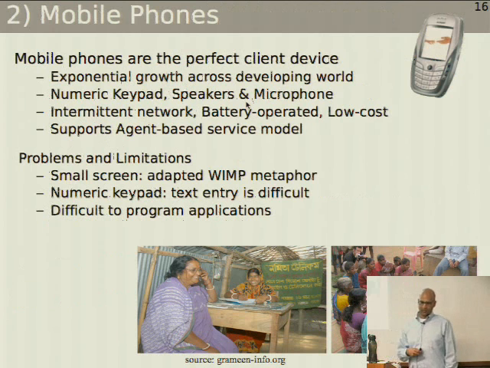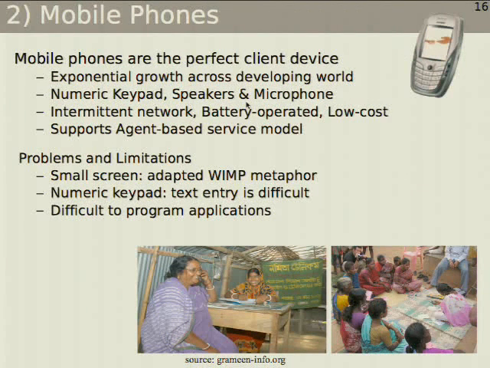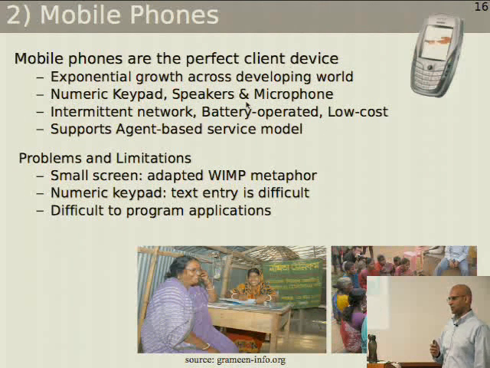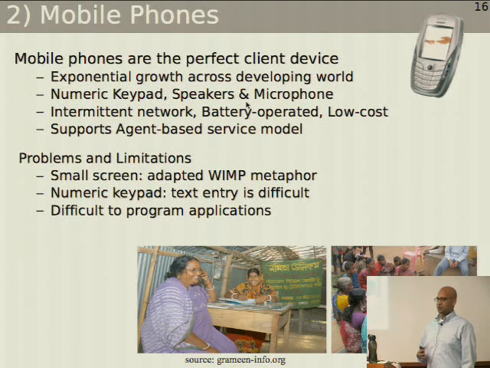The second thing was actually the hardware platform. So at this point, around 5 years ago, mobile phones were already being picked up very, very quickly in all kinds of developing regions, including China, India, Africa. And besides the fact that they're already being used ubiquitously for voice communications and for text messaging, they also have a number of user interface features that were very synergistic with the features that we outlined in our first set of results.